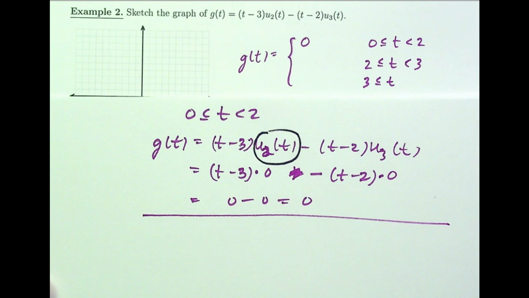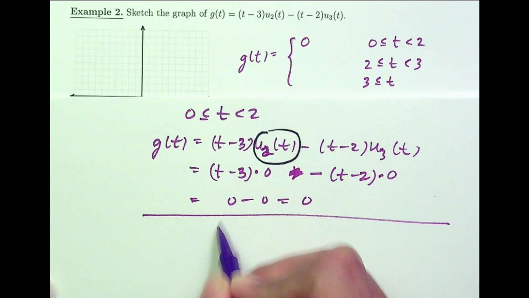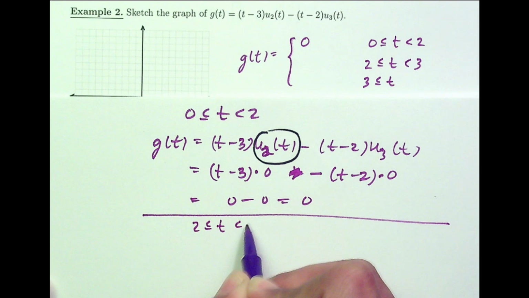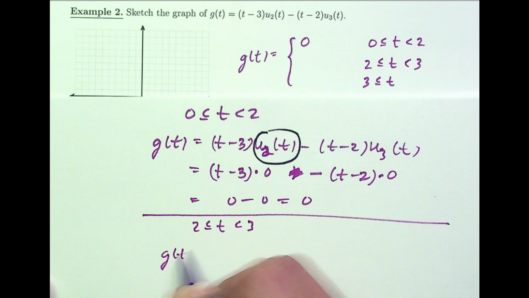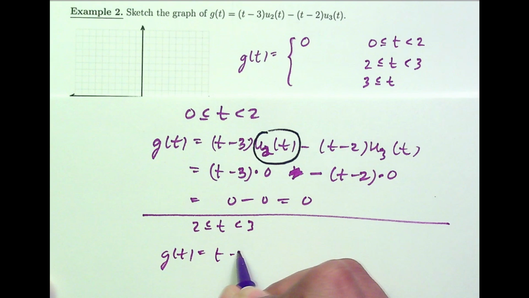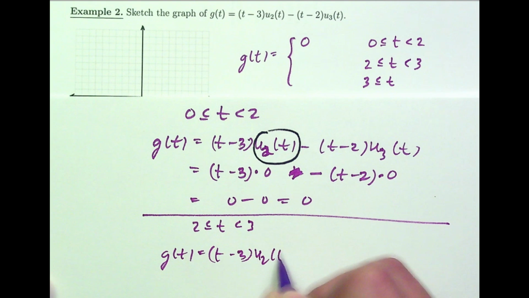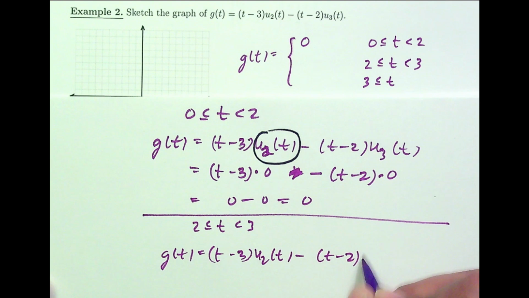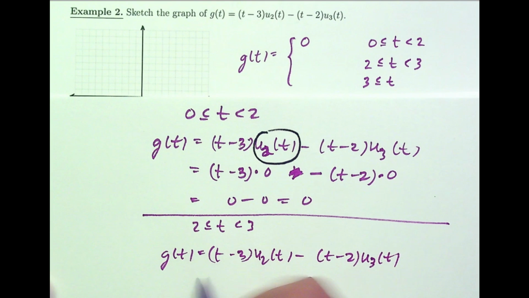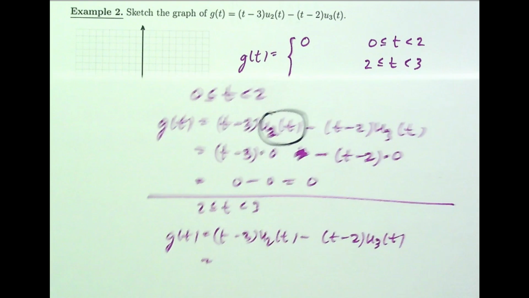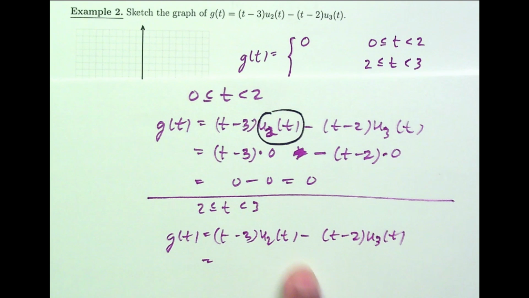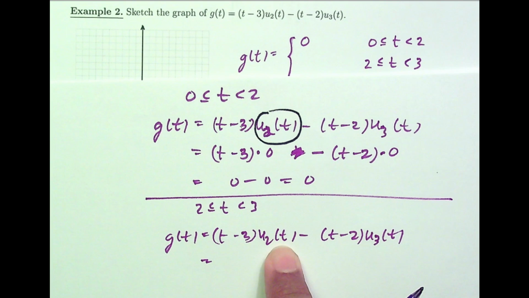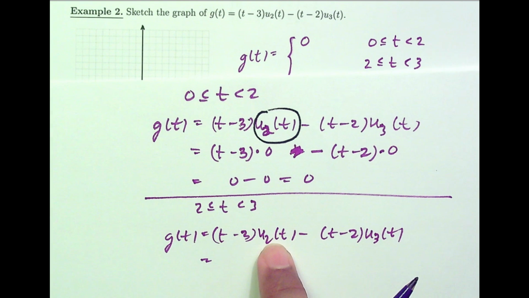Okay, now let's plug in a number between 2 and 3. If I'm plugging in a number between 2 and 3, such as 2.5, well, if t is bigger than or equal to 2, then this is 1 because I'm plugging in a number that is bigger than 2.